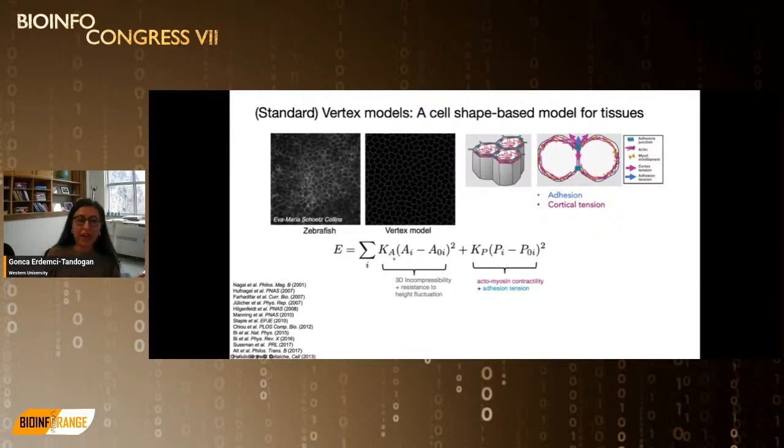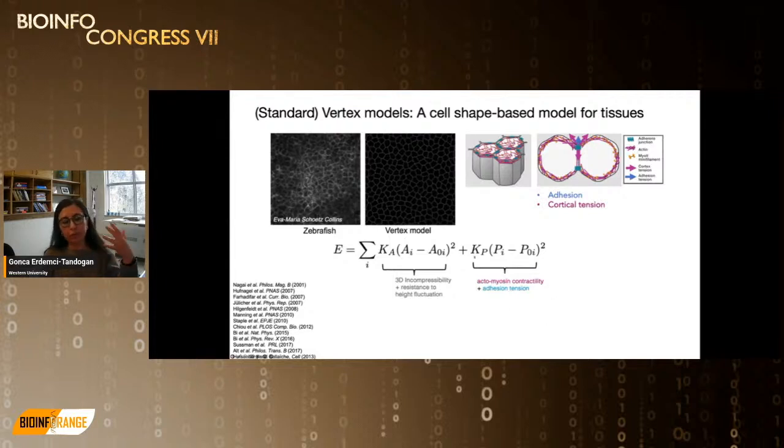K_A here is the spring modulus of the area. A_i is the area of a cell, and A_0 is the preferred area of a cell, so the area that the cells would like to achieve, the rest area. K_P is the perimeter modulus, P_i is the perimeter of a cell, and P_0 is the preferred perimeter of a cell. Again, cells would like to achieve a certain shape, and any deviations from this shape cause an energy penalty, and that is the energy penalty for our system, the total energy of the tissue.